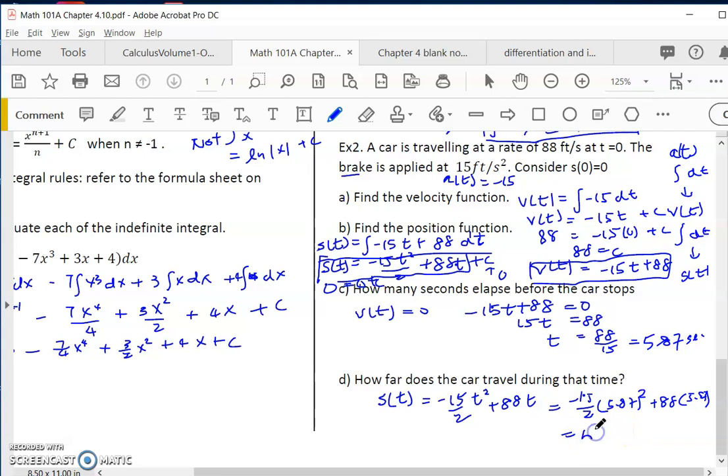So it has traveled 258.13 feet. That's why people say if you are traveling 88 feet per second, which is about 60 miles per hour, and you press the brake, it travels around 200 feet. You still have some time before you can brake. Okay, so that's the end of 4.10.